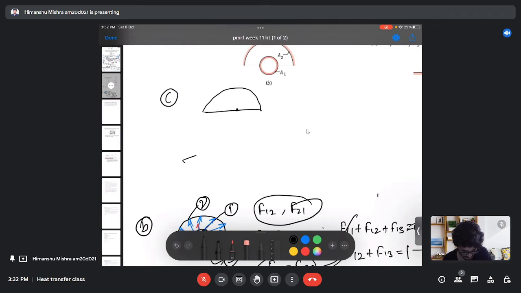So the bottom surface is my surface 1, and the top cut surface is my surface 2. Again, just by looking at the geometry, we can find that all the radiation emitted by surface 1 will reach the second surface. There will be no loss of radiation or radiation intercepted by surface 1 itself. So here F12 equals 1.